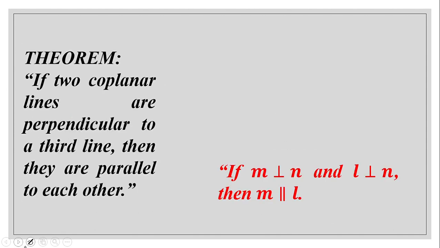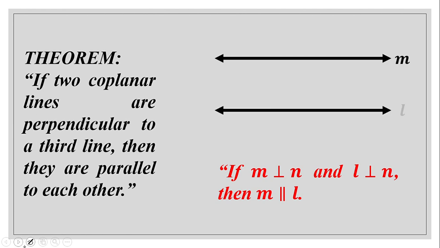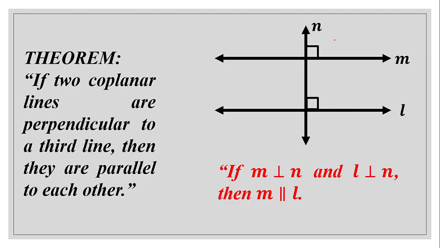Looking at this theorem: if two coplanar lines are perpendicular to a third line, then they are parallel to each other. For example, we have line M and line N, and the third line is the transversal line. Since it cuts the parallel lines perpendicularly, all the angles are right angles. So you don't have to compute it.